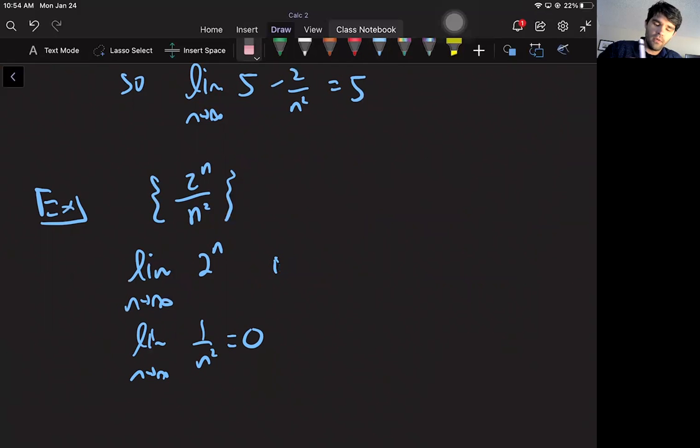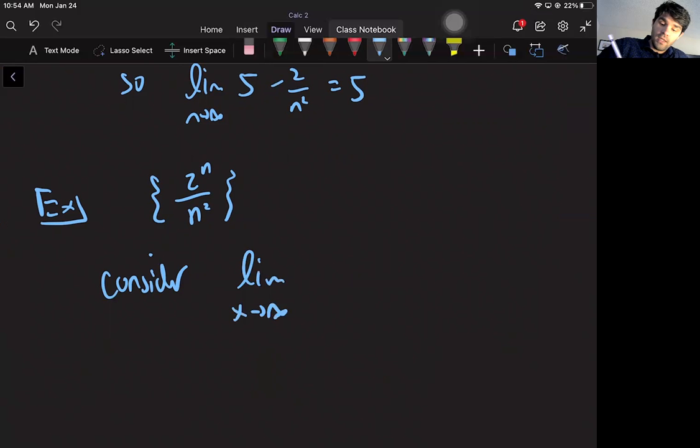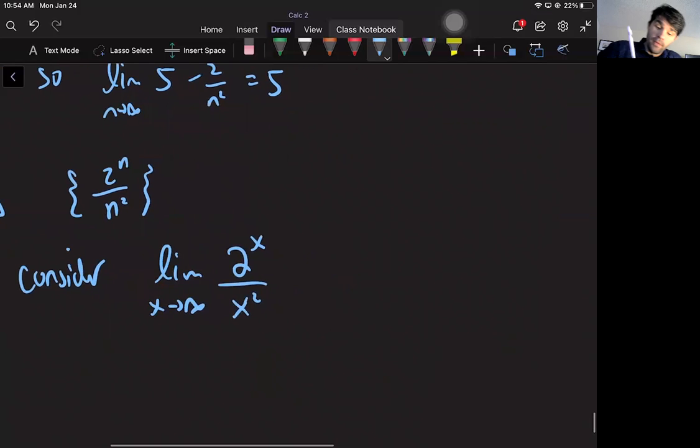And so this is where going back to Calc 1 stuff really comes in handy, and you can use L'Hopital's rule. So what you do is you just consider this other limit where you replace the n's with x's, and you think about this. So this goes to infinity over infinity because x is going to infinity. Both the top and the bottom are growing very big.